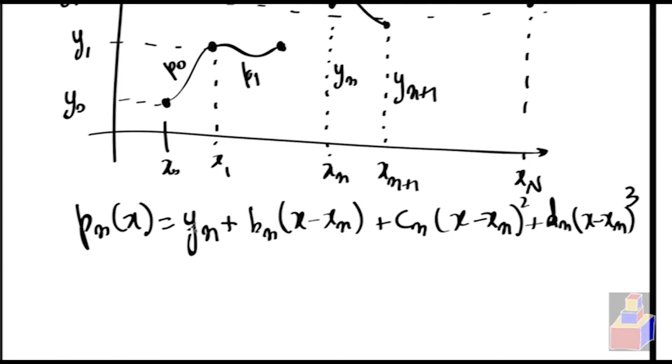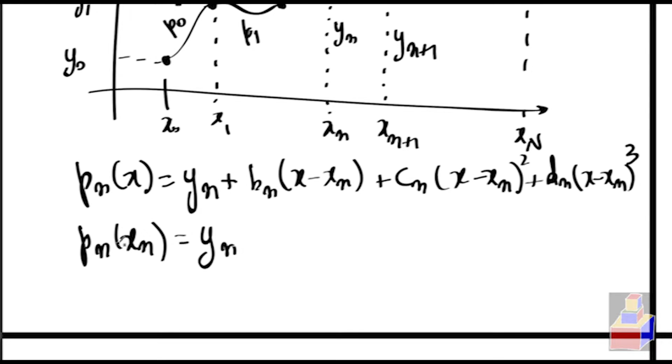Now, notice that we can calculate, for instance, Pn of xn, the way we did, is going to be simply yn. The derivative, let's call Pn prime. Just going to point out some landmark values here.